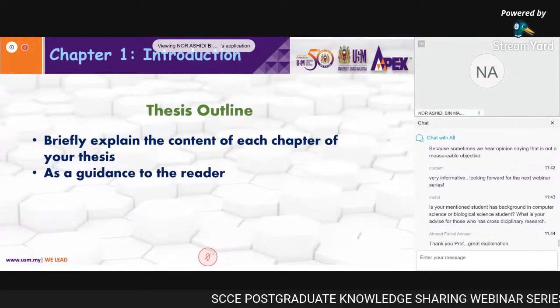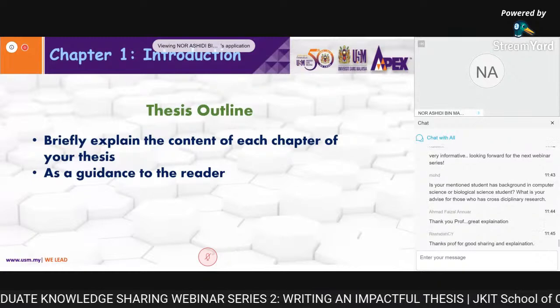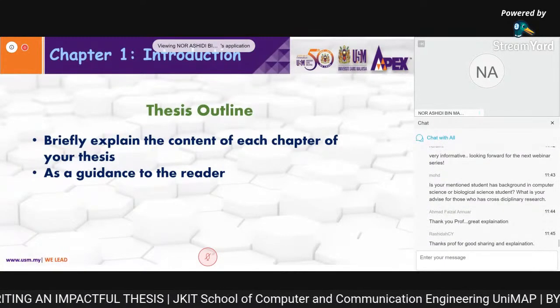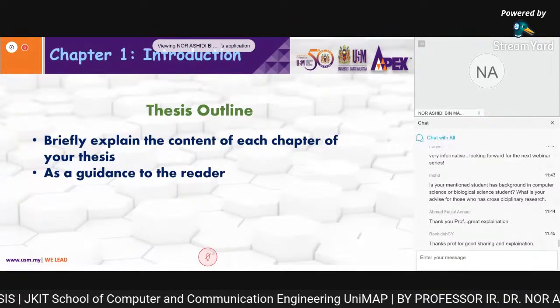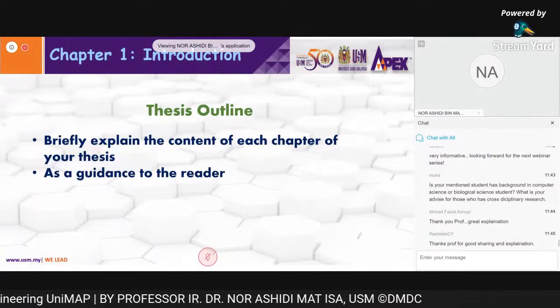In my student's case, there are only two systems, which are Bethesda and also the SCCE, which are commonly used by clinicians, by doctors. So that's why she only compares with Bethesda and the SCCE.